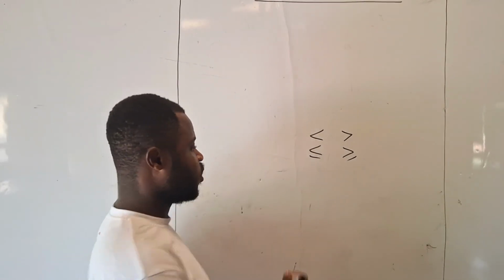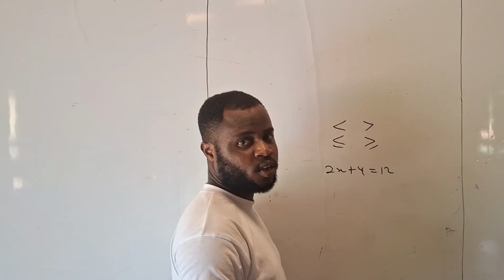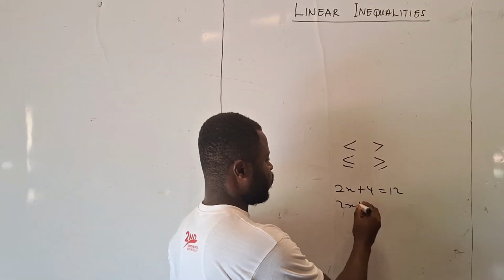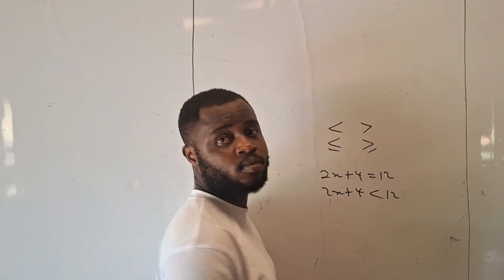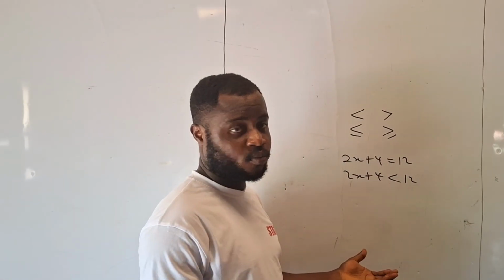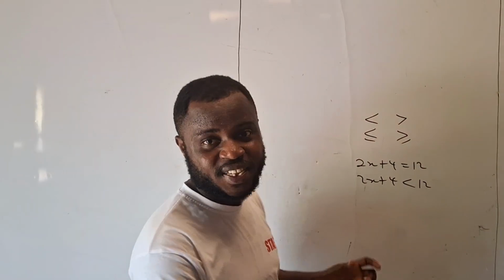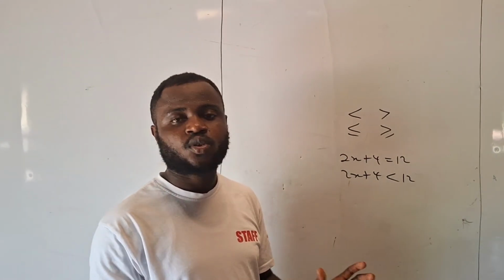So instead of 2x plus 4 is equal to 12, in an inequality you see 2x plus 4 less than 12, or greater than 12, or less than or equal to 12. That's the only difference, and the way we solve it is the same.